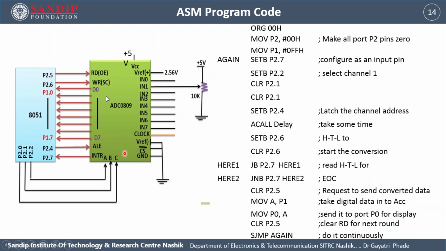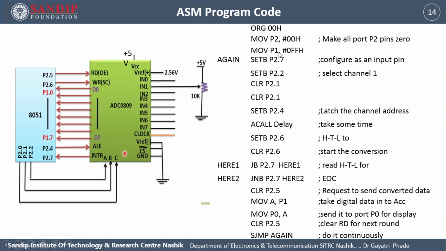In the same way, we are going to write the program in assembly language instructions. Starting address of the program: make port 2 an output port, because we are using the port 2 bits for giving the output signals from the microcontroller to the ADC.